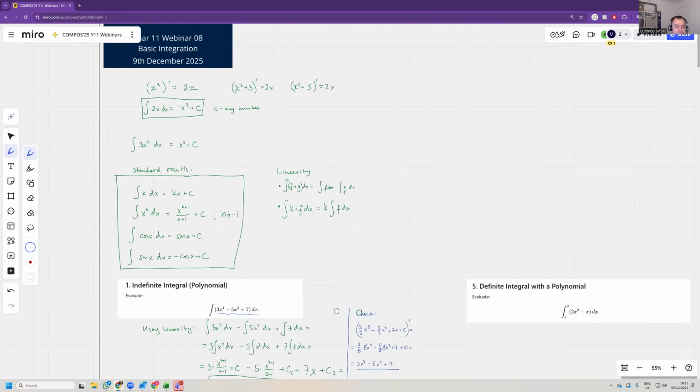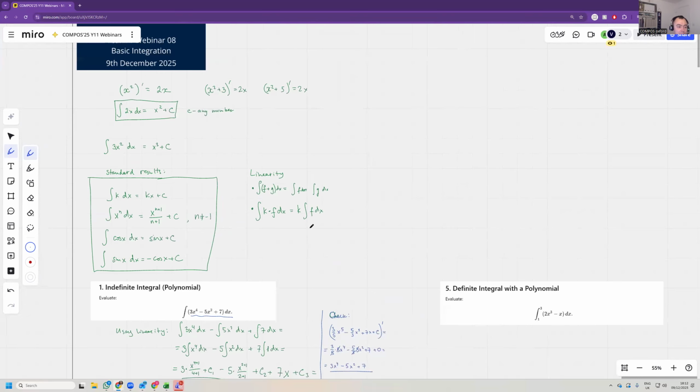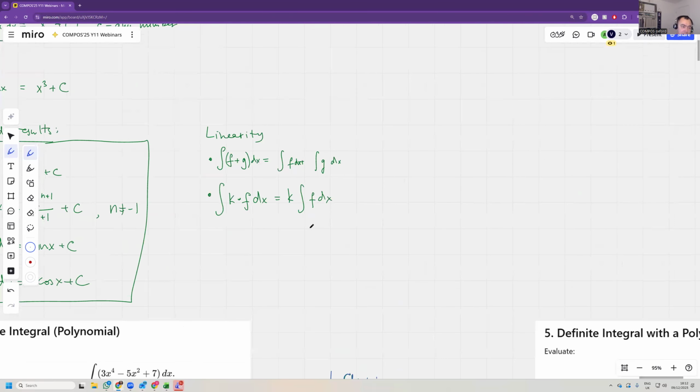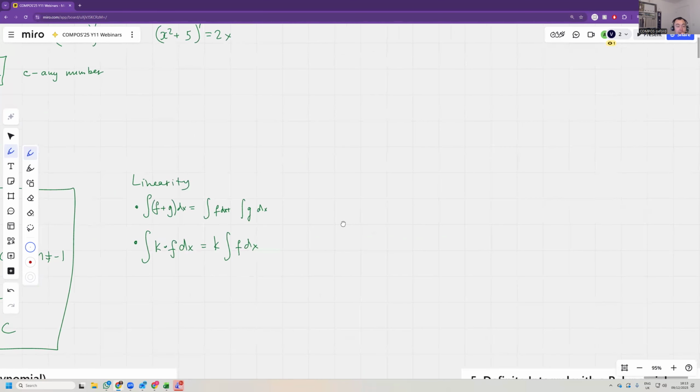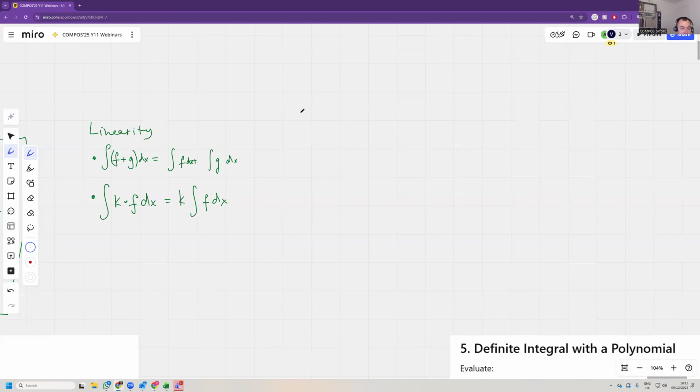Okay. Now, this function, the primitive function, or also known as the antiderivative.